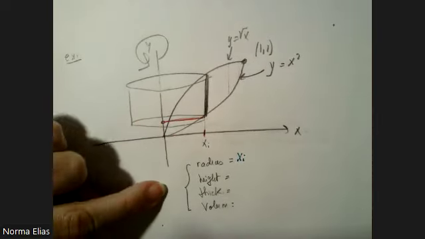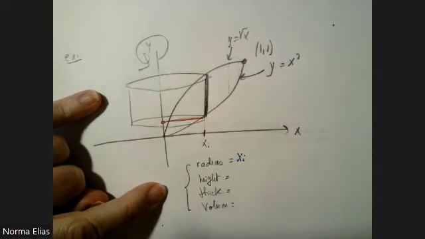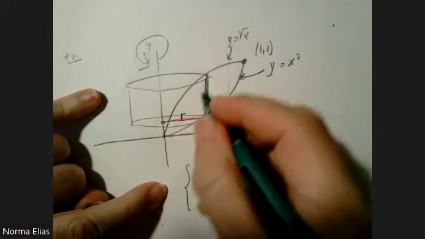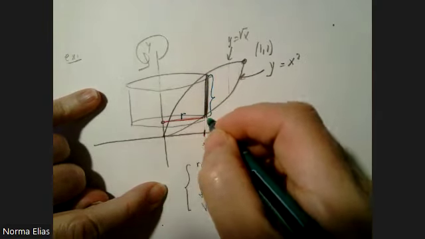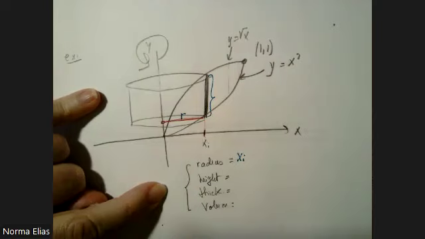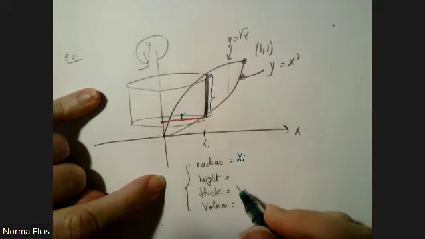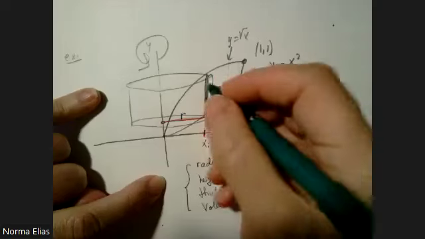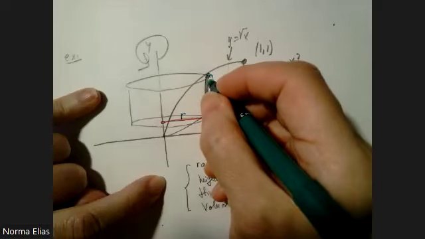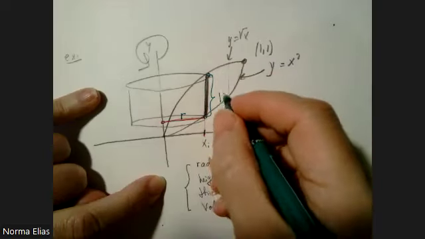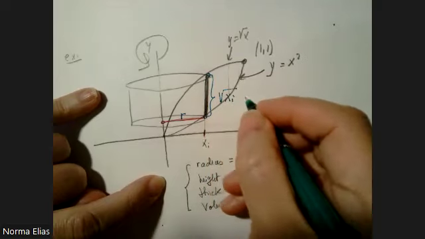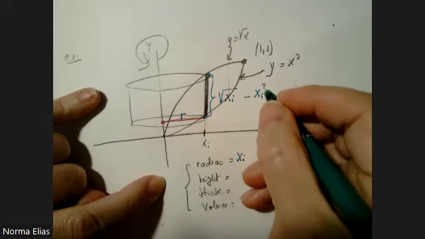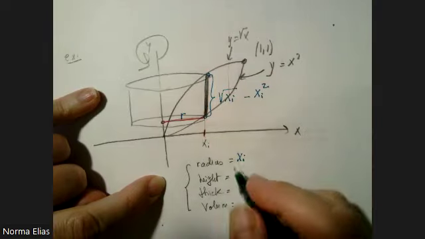What's going to be my height quickly? What's the height of my shell? Upper value minus the lower value. That's the height of the shell.